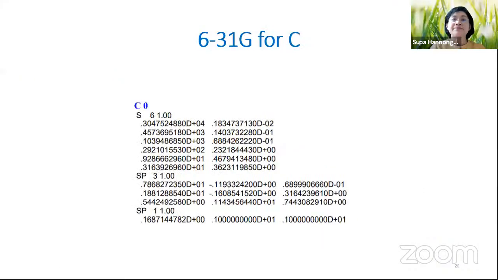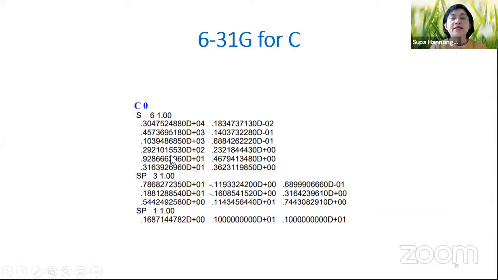Yeah. And here is the example of 6-31G for carbon atom. You can have that 1s orbital of carbon atom with 1, 2, 3, 4, 5, 6 primitive functions, and this is the zeta.